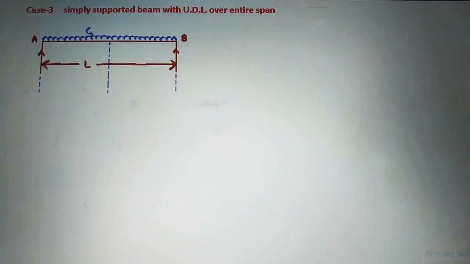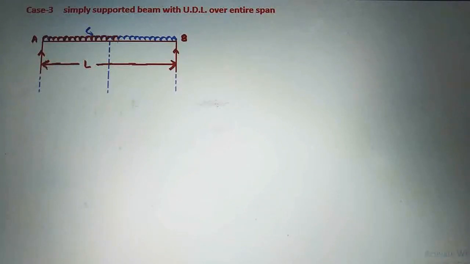Now according to the statement, simply supported beam with U.D.L over the entire span. So see here, over the entire span of this simply supported beam there is a U.D.L acting.